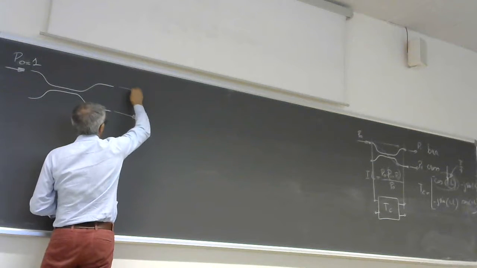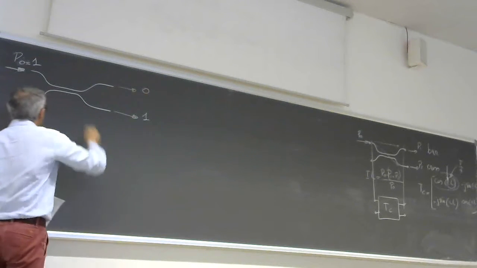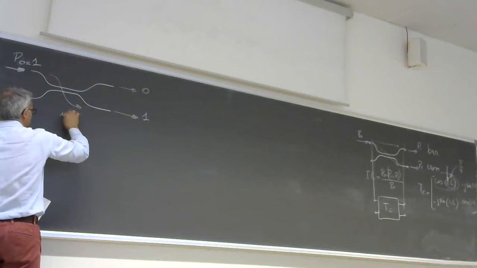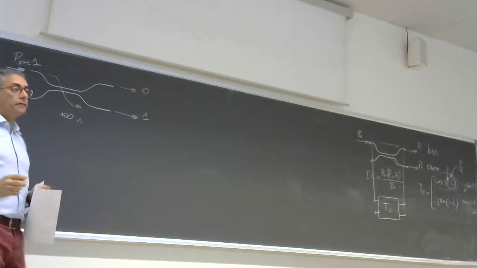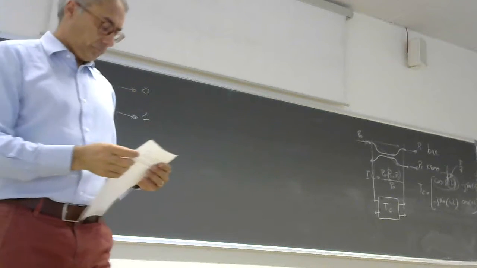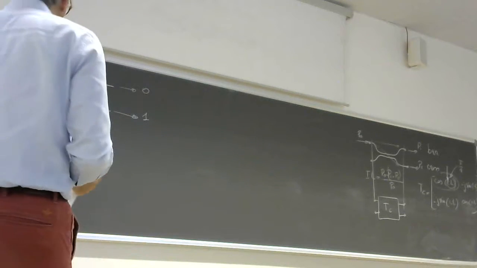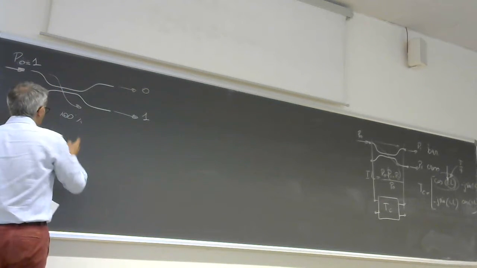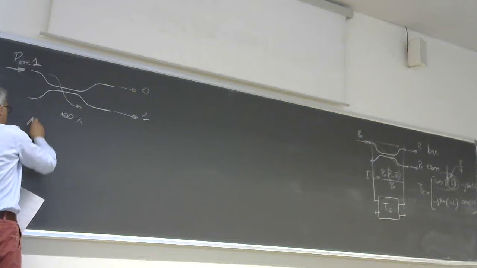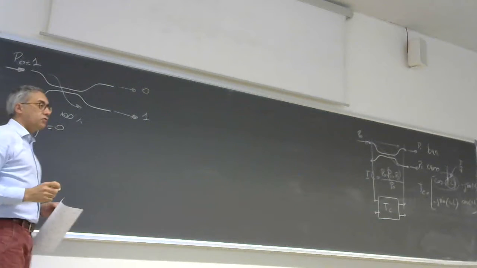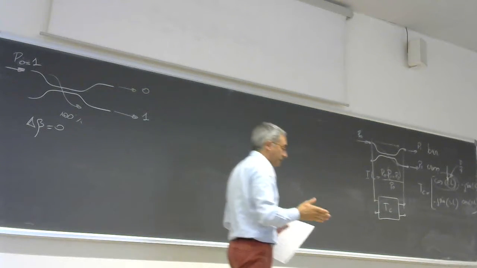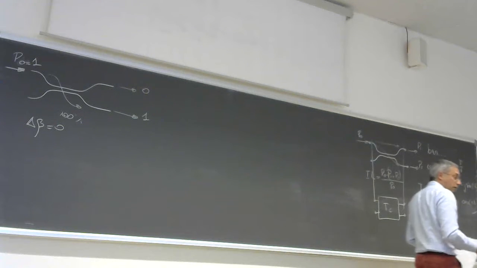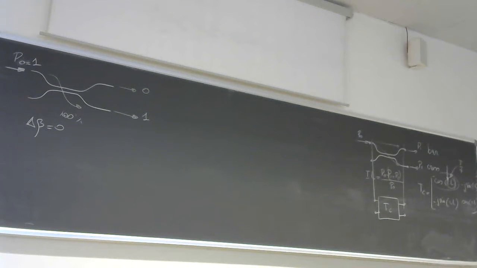You don't want to exit from here. So it is 100%. You can do this only if delta beta is equal to 0. So a synchronous coupler, because if it is not synchronous, you are not able to couple 100% of the power.